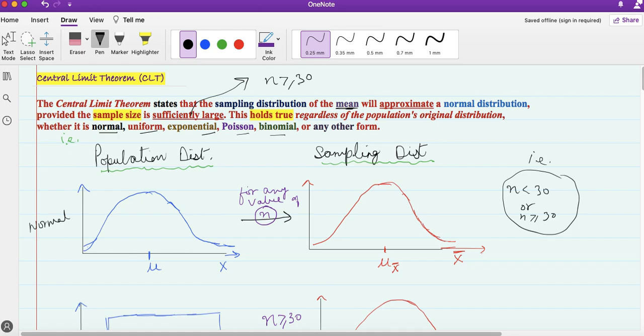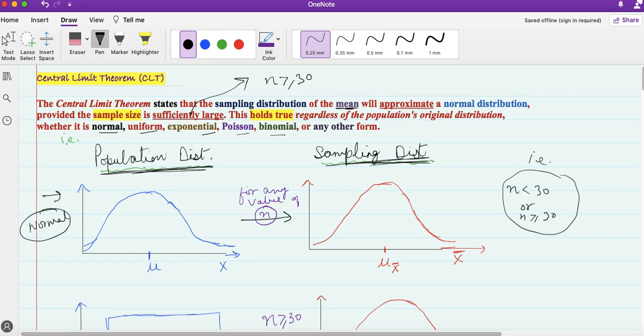So let's say in the first case, we have considered some population distribution and its corresponding sampling distribution if we plot the means. In the first graph, the original population is normal. If we plot the means of the samples, we observe that the distribution behaves like a normal.